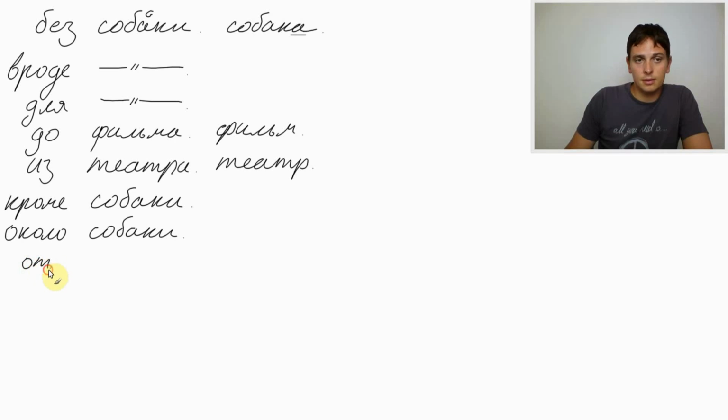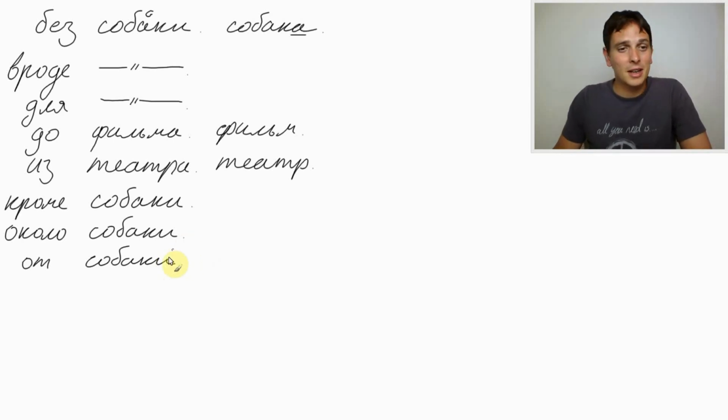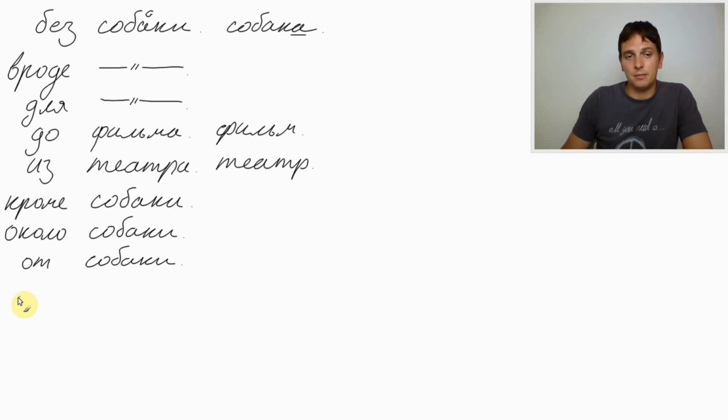От. От means from. От собаки. Does not make any particular meaning. От собаки. From the dog. What can we have from the dog? But grammatically it is meaningful. So собаки is in genitive again.